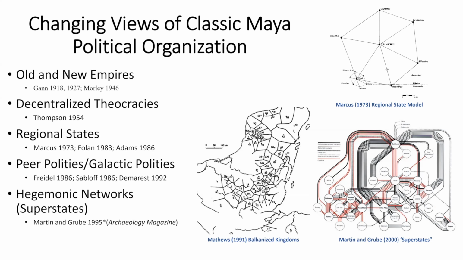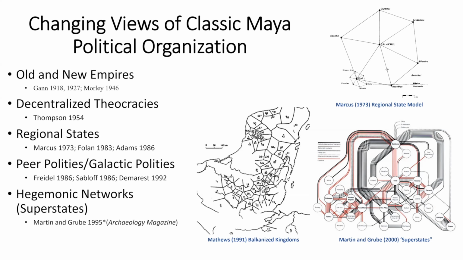He viewed the Maya, and this is folded into the vacant ceremonial center model, as decentralized theocracies, where the cities weren't actually urban in nature. They were just ceremonial centers, and most people would have been farmers living out in the hinterland who occasionally went into places to observe a public ritual.